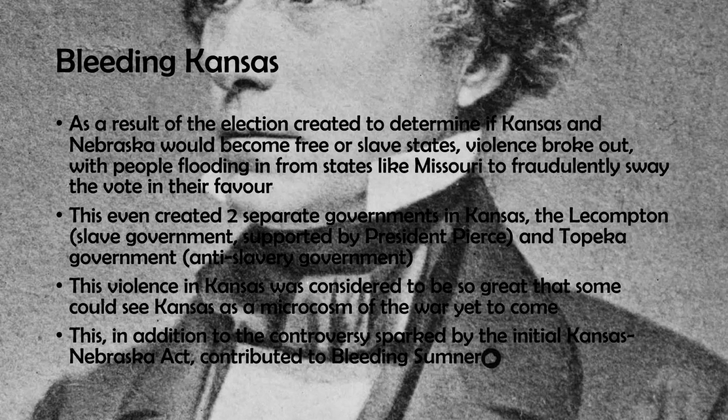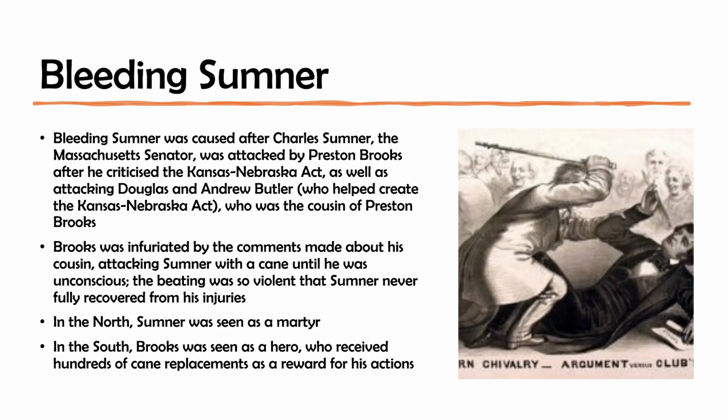This and the Kansas-Nebraska Act, which caused it, all led to Bleeding Sumner, which was when Charles Sumner, a senator from Massachusetts, which is way up north, was attacked by Preston Brooks. He was a Democrat. He obviously liked slavery, had quite a few slaves, and Sumner criticised the Kansas-Nebraska Act, Douglas and Andrew Butler.